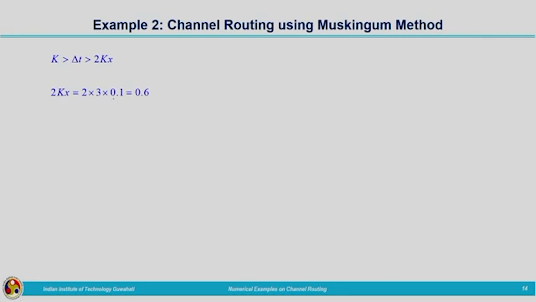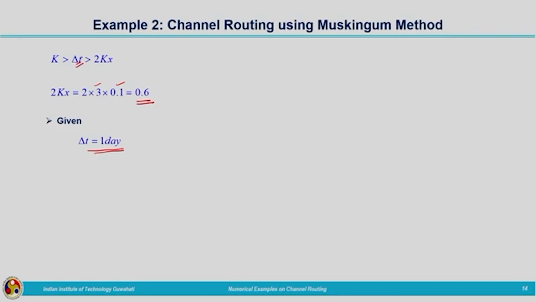2kx is 2 into 3 into 0.1, that is coming out to be 0.6. K value is 3 and x is 0.1. And we have been given the value of delta t equal to 1 day. Here it is 0.6 days. So, delta t is in between k and 2kx.